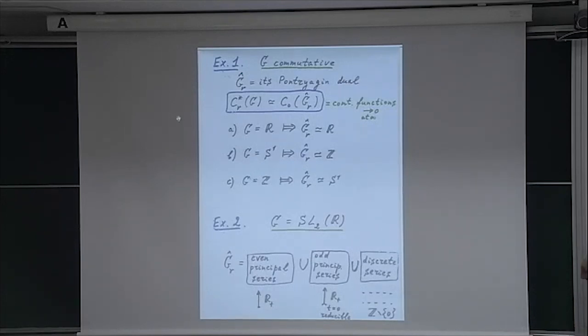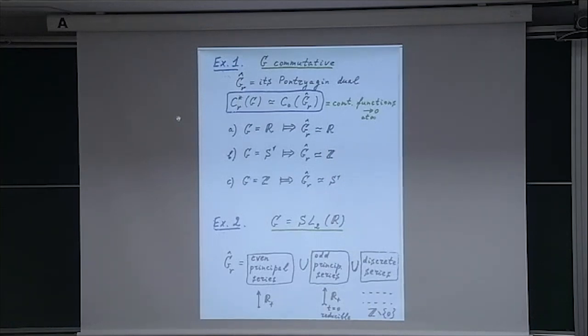I mean, you have a group, you make a Fourier transform using Pontryagin duality, and what you get is another group which is called G hat, which is the dual. And in simple examples, for R, you make Fourier transform, you get again the group R. If you take a circle and make a Fourier transform, you get Z, the group.